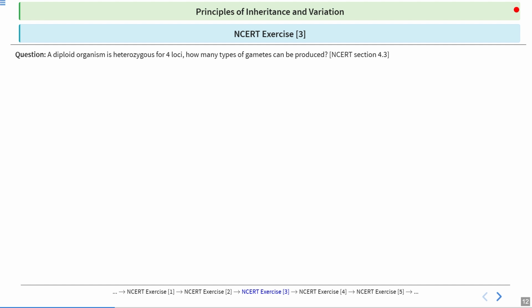You can simply apply the formula 2 raised to power n, where n is the number of heterozygous pairs present. The organism is heterozygous for 4 loci. Locus is the position on the chromosome. So what will be the answer for this question?